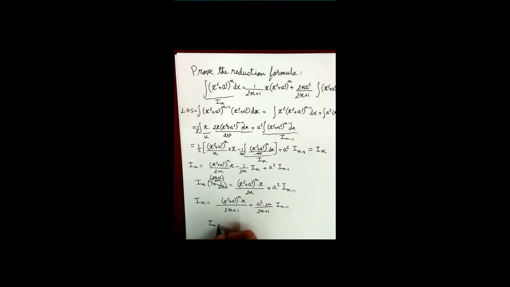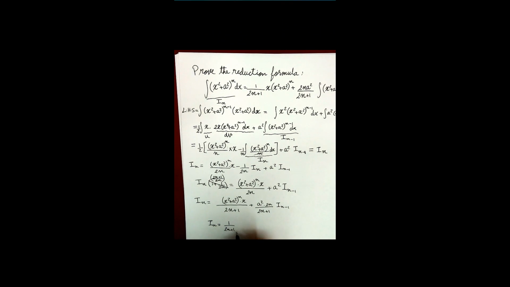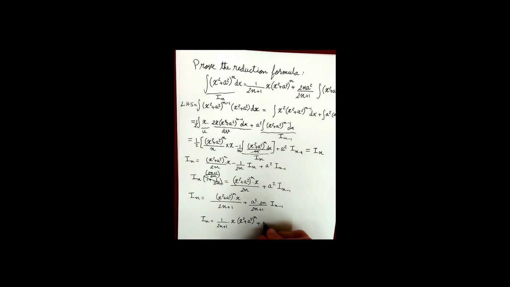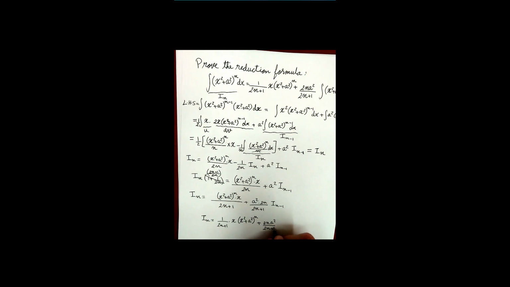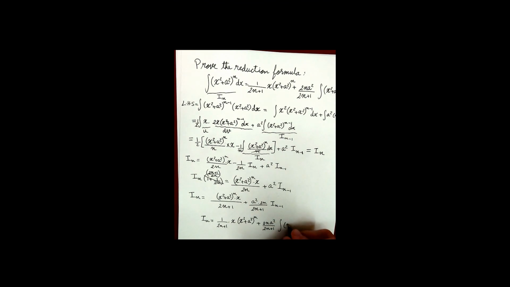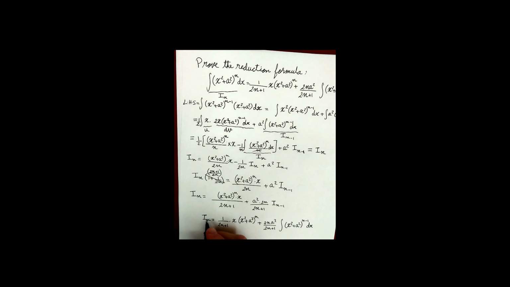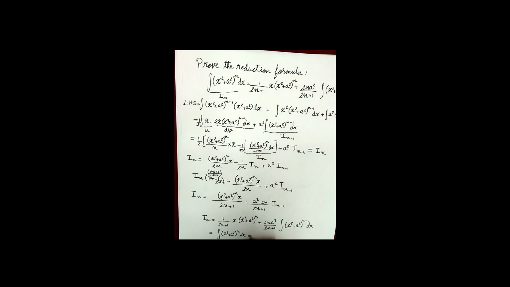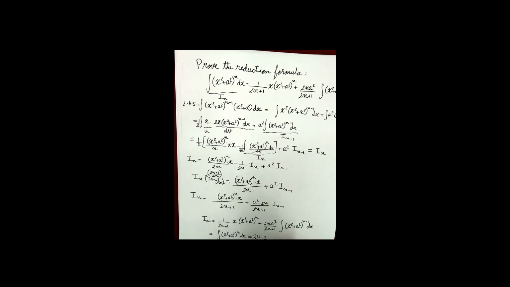So In is equal to 1 over 2n plus 1 times x times the bracket x squared plus a squared power n plus 2n a squared over 2n plus 1, and this integral, which is In minus 1, can be written as x squared plus a squared power n minus 1 with respect to dx, and the In, which is the first integral, or the left hand side, which is the integral of x squared plus a squared power n dx, is equal to the right hand side.